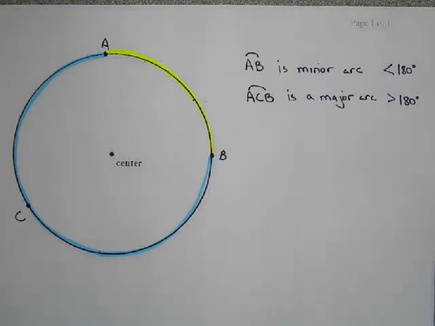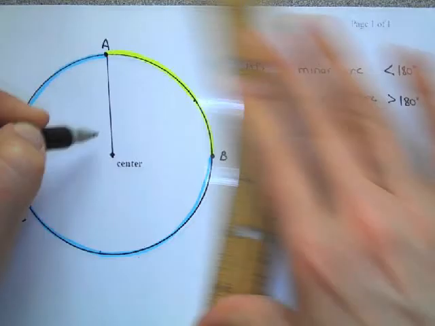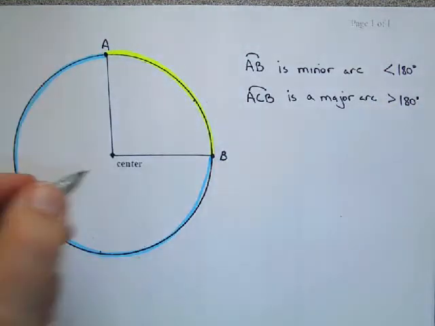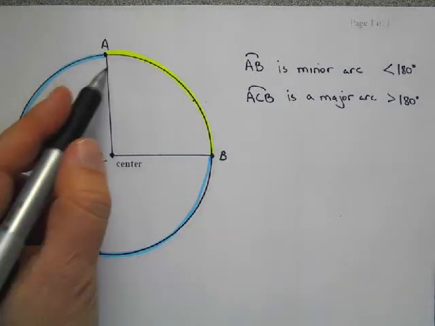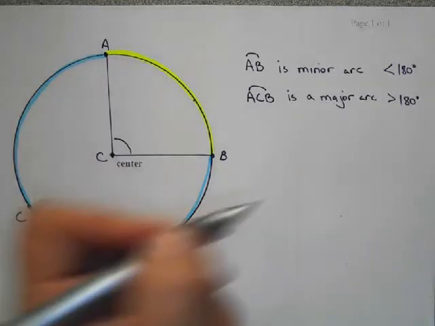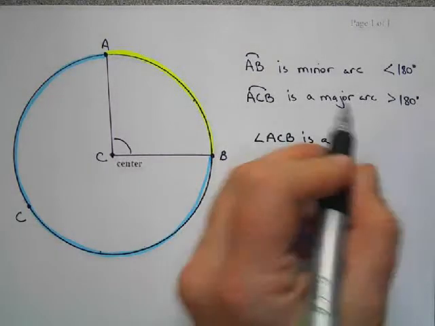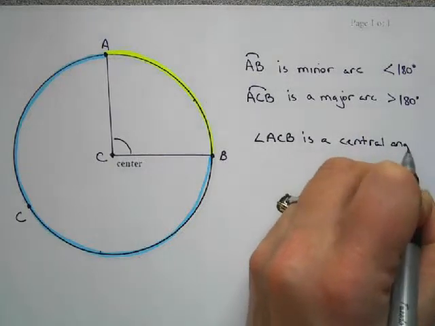And then what we can do is if we were to connect and make an angle here, and we'll put C at the center. This is called a central angle. Since C is at the center of a circle, this angle right here, ACB, is called a central angle. Vertex at the center.